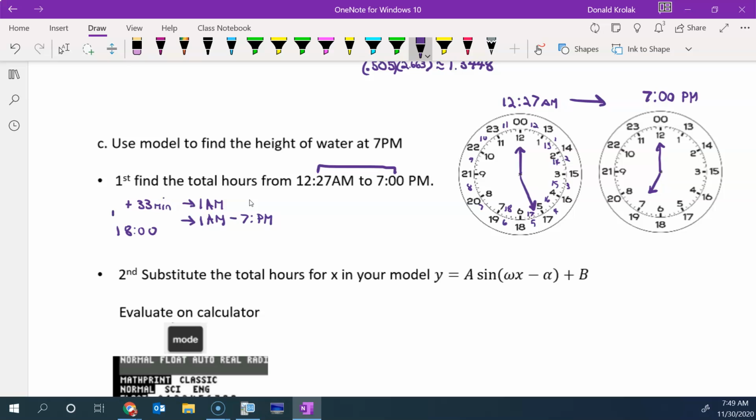So this is going to be 18 hours, 0 minutes from 1 a.m. to 7 p.m. Okay, so grand total 18 hours, 33 minutes.